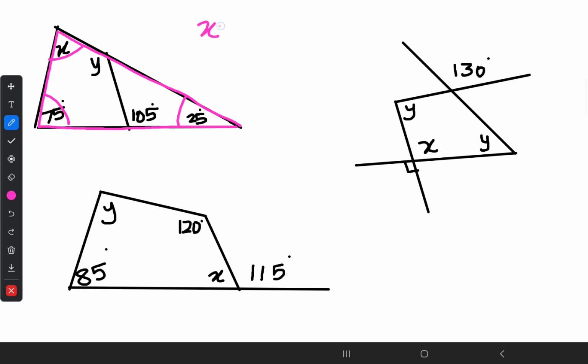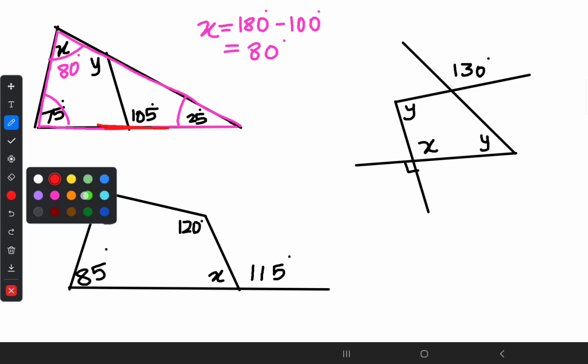Thereafter, from that, let's find the magnitude of x. From 180 you should subtract 75 plus 25, which is 100. X will become 80. So I can substitute x as 80. Now look at the straight line and the green angle.